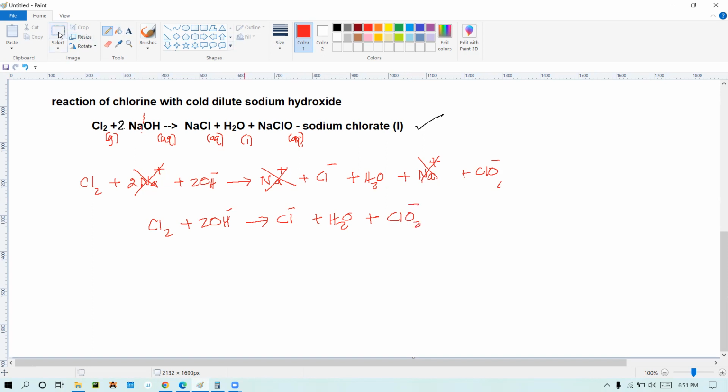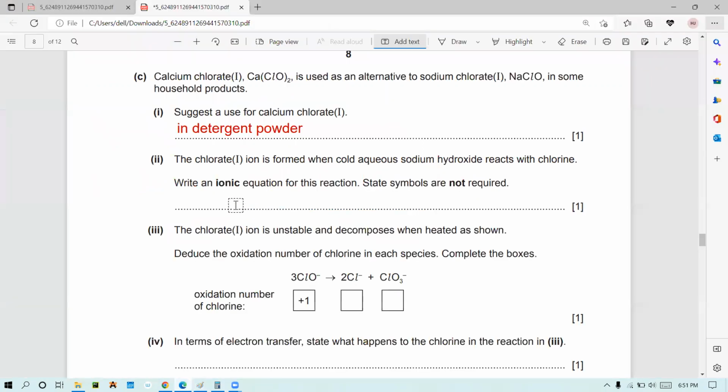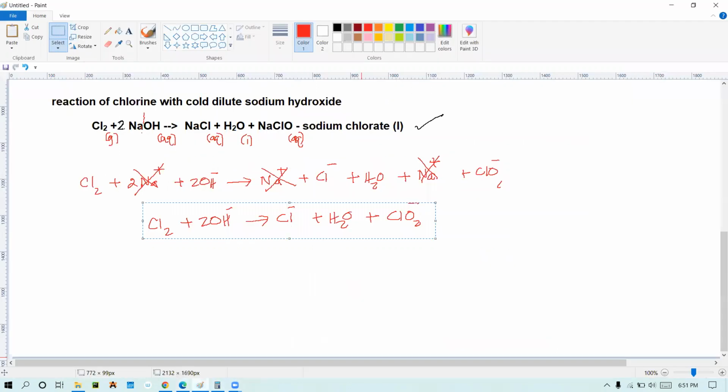This is the balanced ionic equation. So you can take down this: Cl2 plus 2OH minus, giving Cl minus plus H2O plus ClO. There should be a negative charge. Yes, I have given the negative charge.